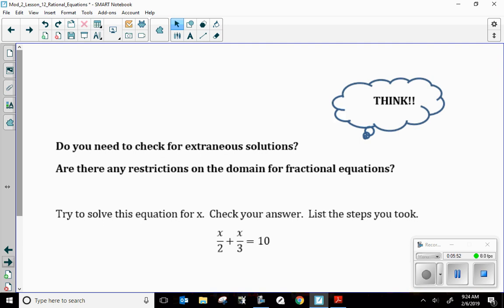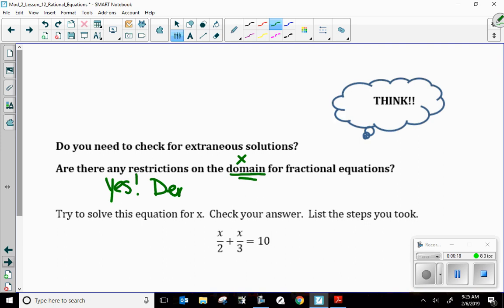So now we have fractions or rational equations. Are there any restrictions on the domain? The domain would be, in this case, if I'm using the x variable, all of our x values, or whatever variable we're using. For fractional equations, yes, there are. Yes.